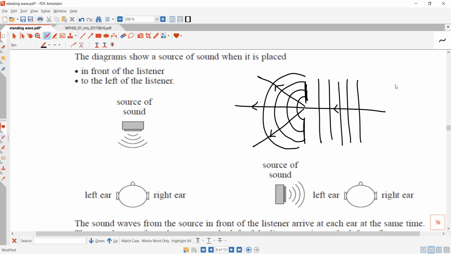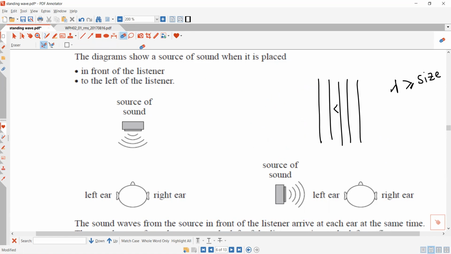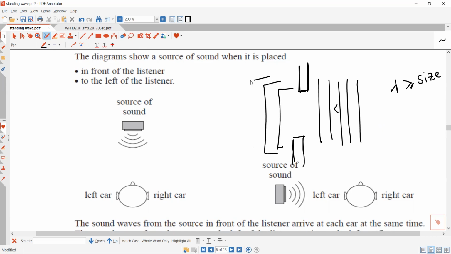Diffraction happens when your wavelength is greater than or equal to the size of the gap. If the gap is too big, like for example in the same diagram, let's say this is my gap, you see the gap is more than the wavelength, so in this case your waves will not get diffracted, so no diffraction takes place.